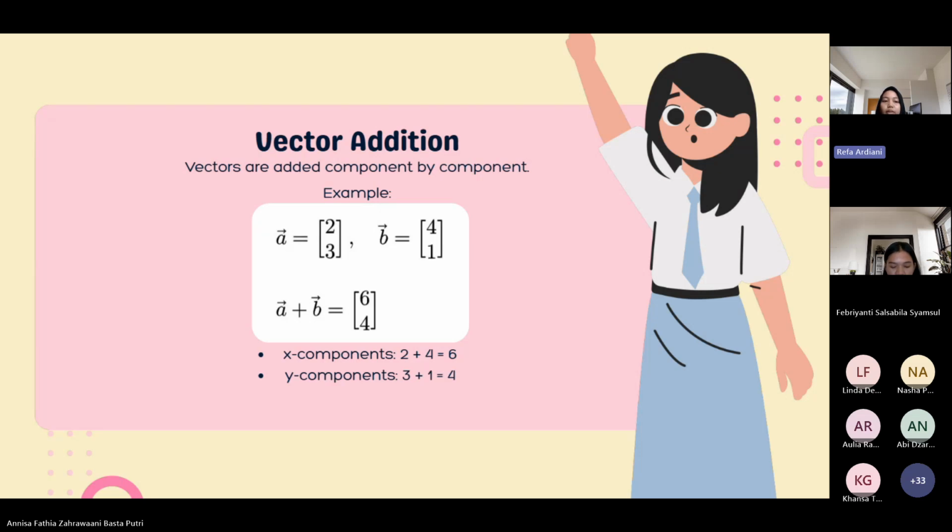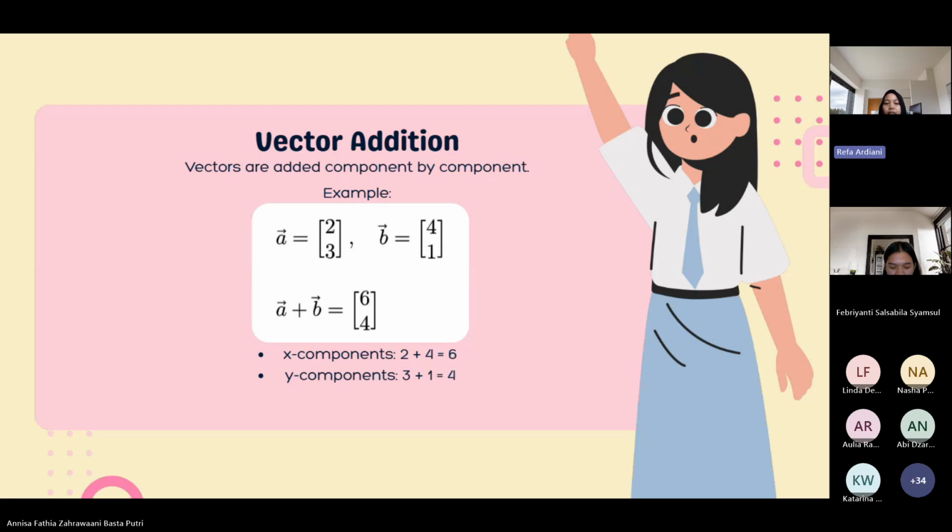When adding vectors, we add the corresponding components separately. In other words, we add the x components together and the y components together. For the example, vector A equals (2, 3), and vector B equals (4, 1).